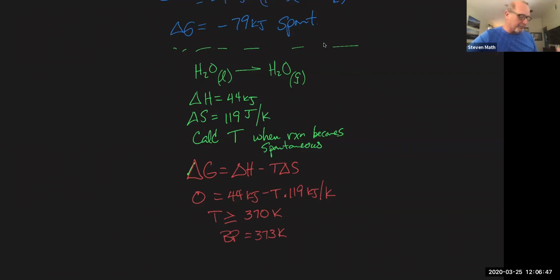Negative G, spontaneous. So I've shown you some delta G equals delta H minus T delta S. And I've shown you how to use that calculating whether it's spontaneous or not. And we just did one where we can calculate the temperature at which it becomes spontaneous.